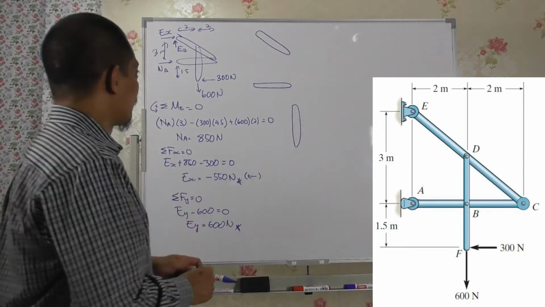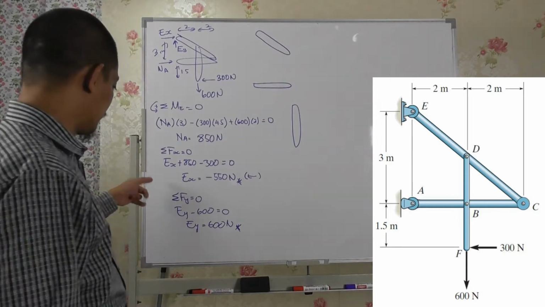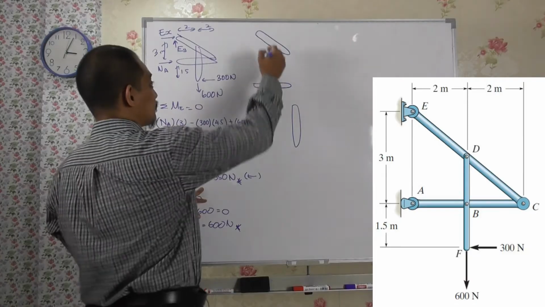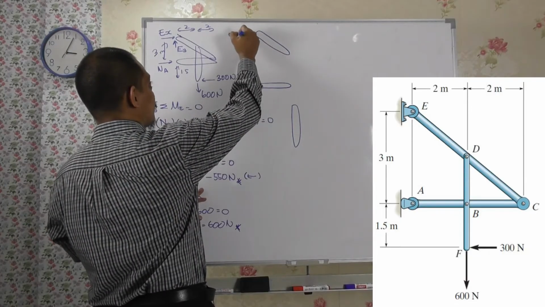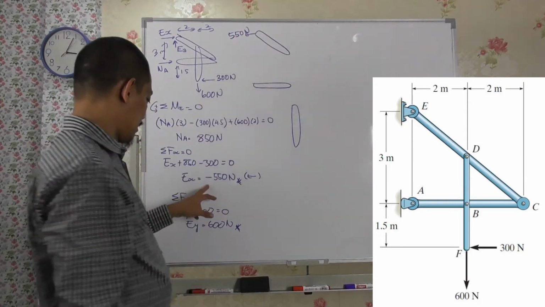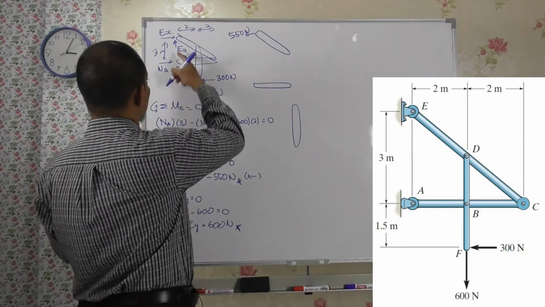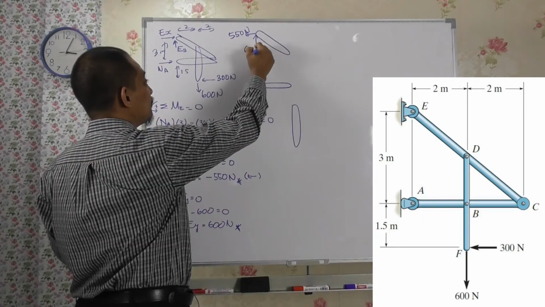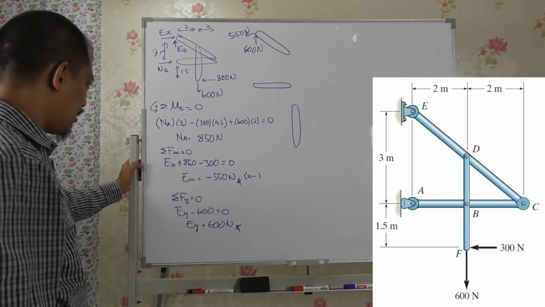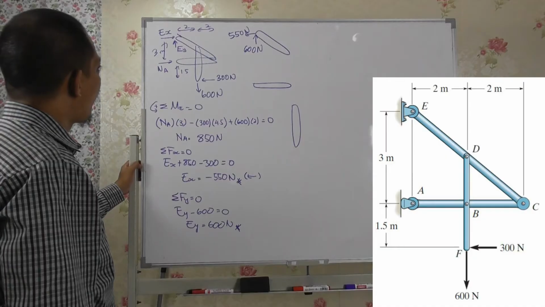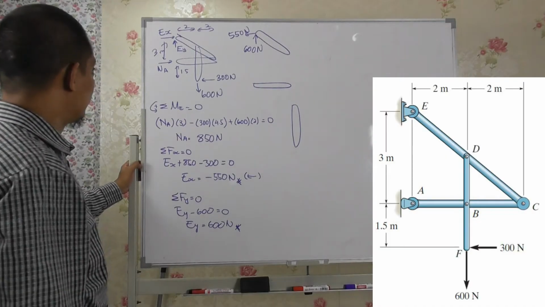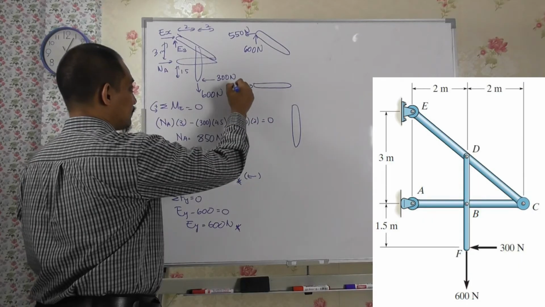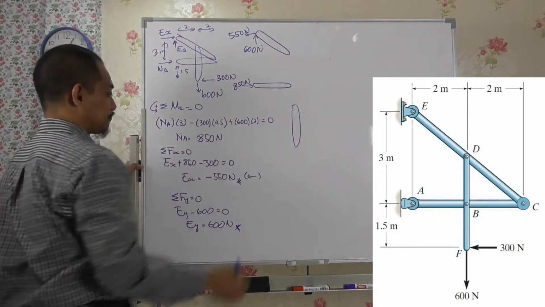Because we have already calculated this one first, you can put EX to the left, 550 Newton, and upwards 600 Newton. And A is affecting this one, so this one is 850 Newton.